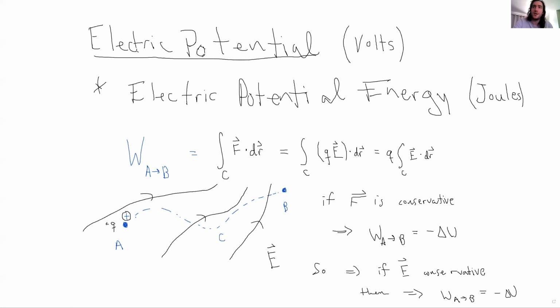electric potential energy for a point charge electric field. So suppose we have a point charge here. We know what its electric field is doing. Looks something like this. This is a plus Q. Actually, let's call this capital Q here.